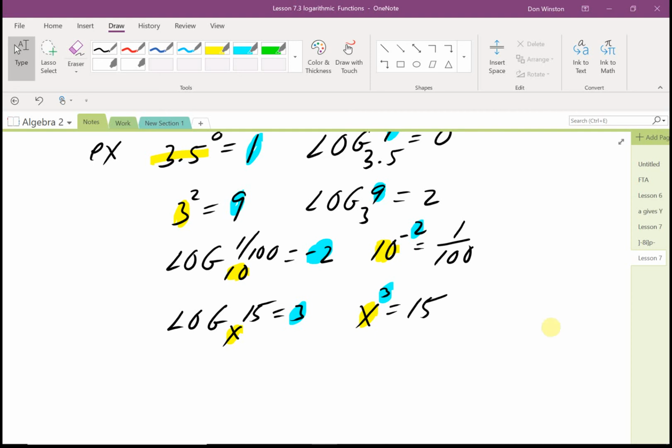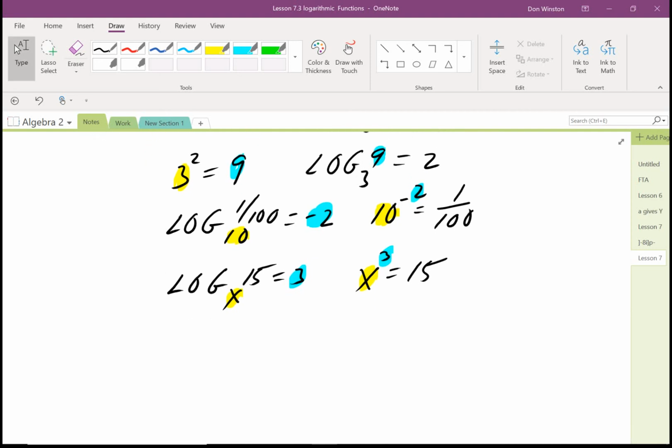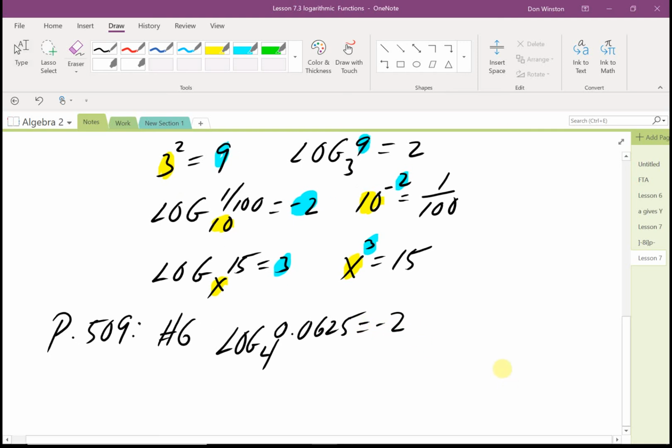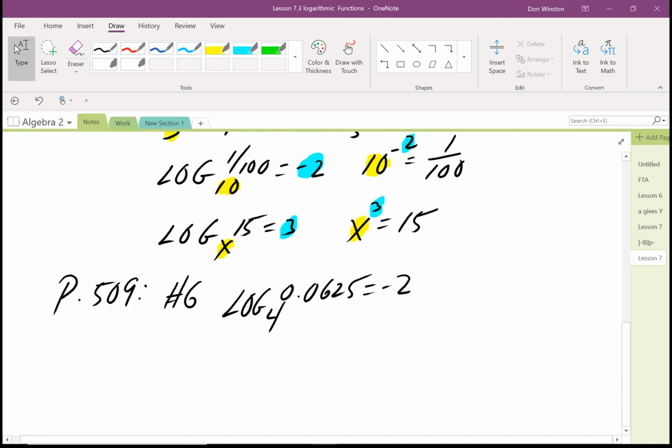The book does some crazy things, but it's okay. So for example, on page 509, number 6, they give log base 4 of 0.0625 equals -2, and they want you to write the corresponding exponential equation for that.